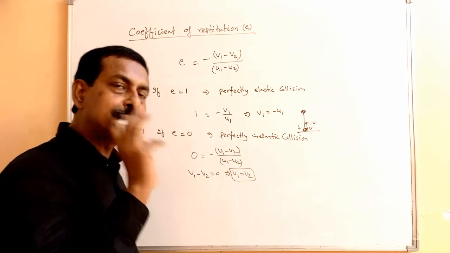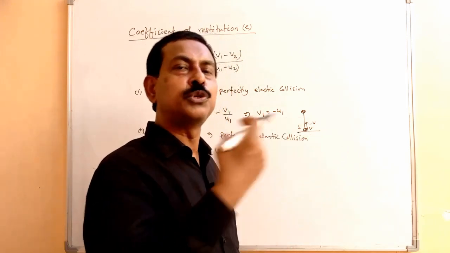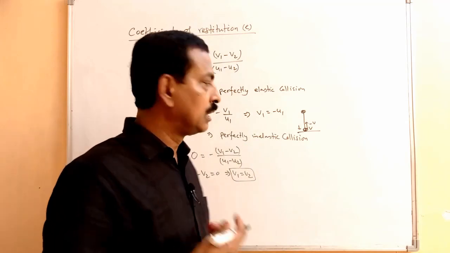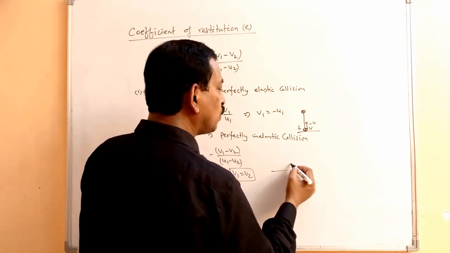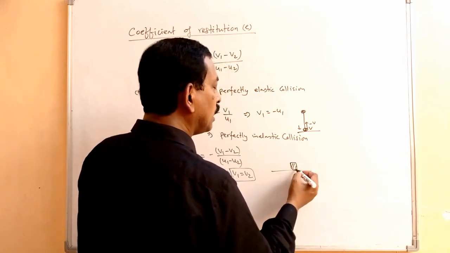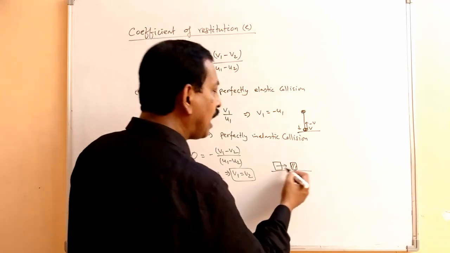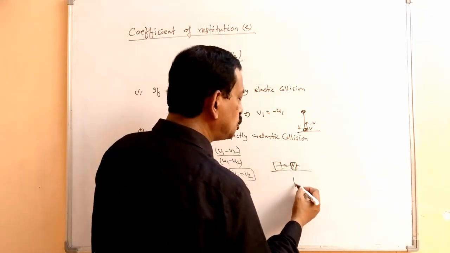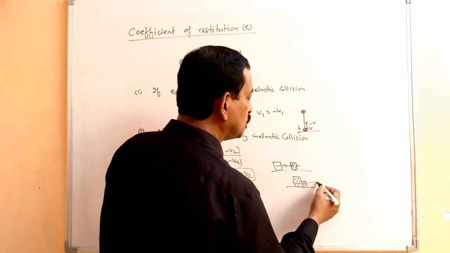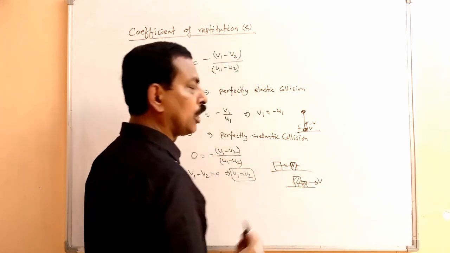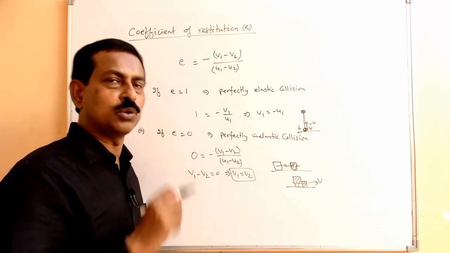That means after perfectly inelastic collision, the two bodies will move together. So what we'll get here, suppose there is one body, it is at rest, another body is moving with certain velocity, and after collision the two are moving together. They both move with particular velocity. So that will be the case of perfectly inelastic collision.